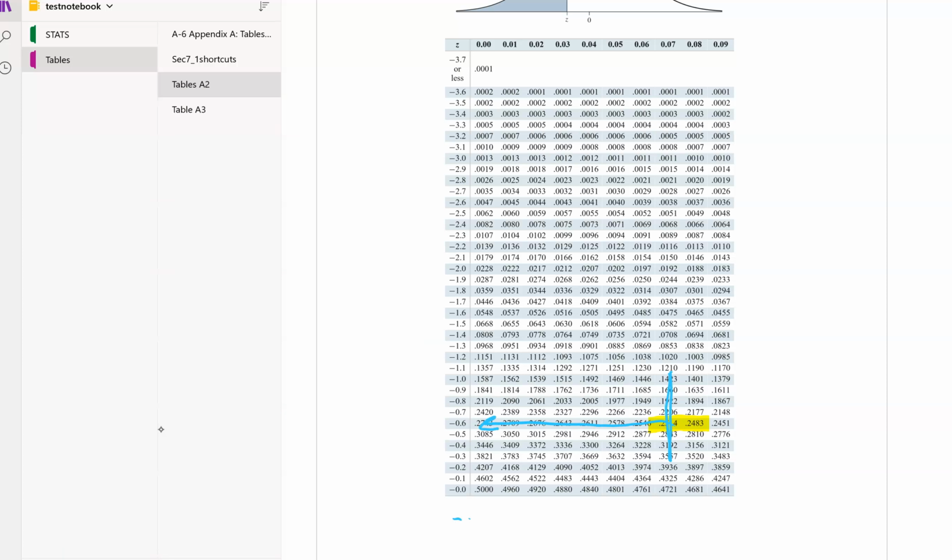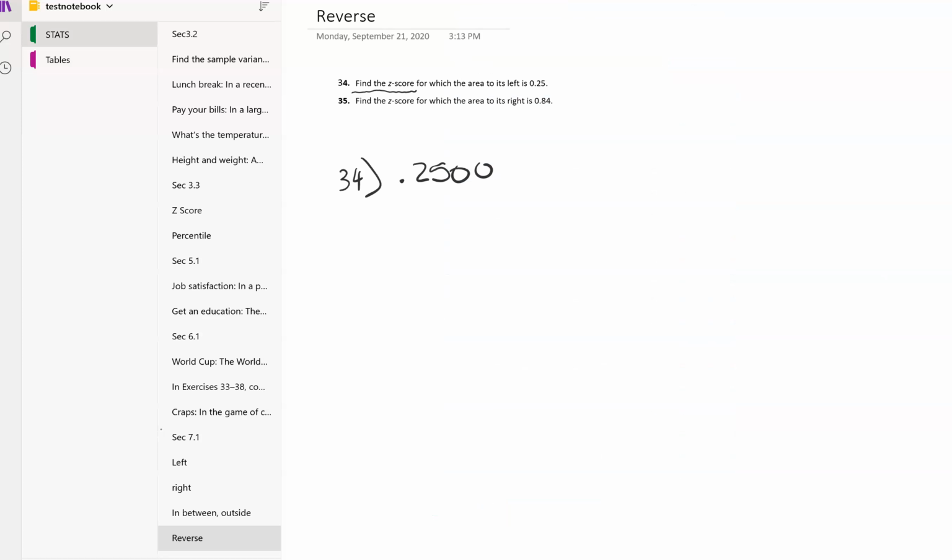So it's a negative 0.6, and up here is a 7. So that's what the z number is. Z is equal to negative 0.67. So for this problem, I would answer z is equal to a negative 0.67. That gives me the area of 0.2500.